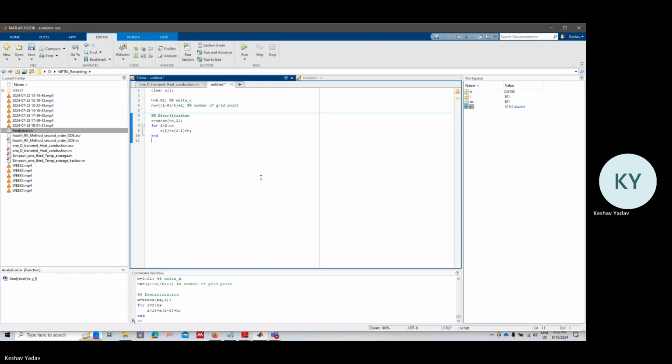So let dt, sorry, dt, suppose I am writing. So let dt be equal to 0.001. This is what I am taking as dt, the time step size. Okay.